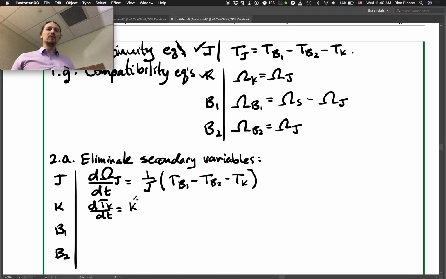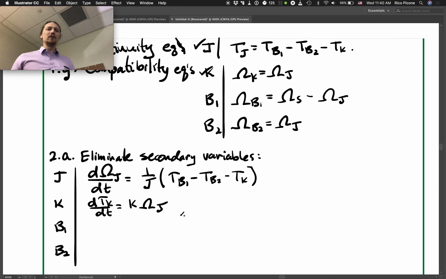It says omega K is just omega J. And we're now down to B1, which said that torque B1 equals B1 times omega B1, but we have a compatibility equation for that.